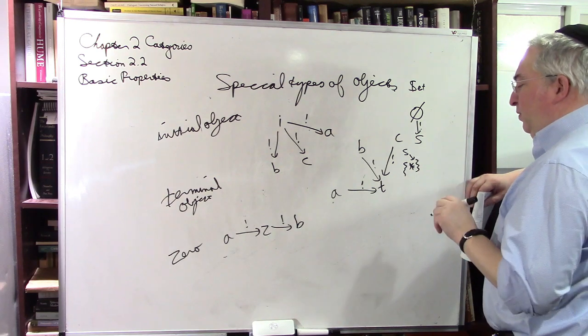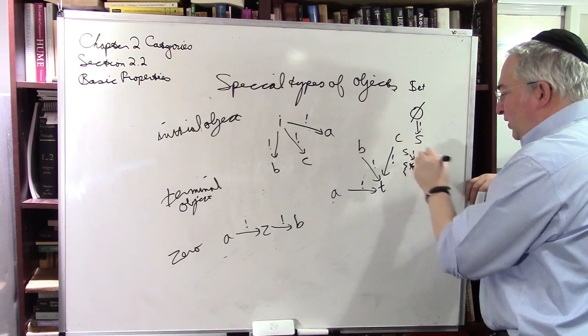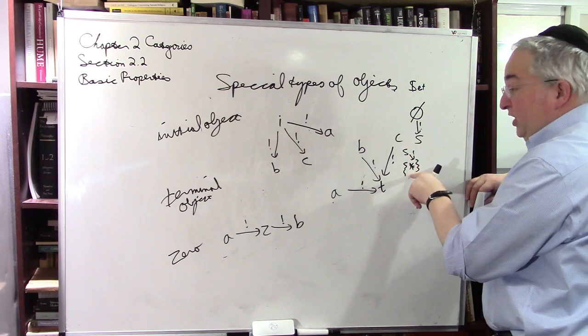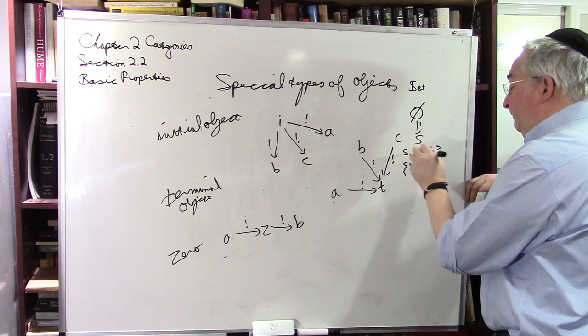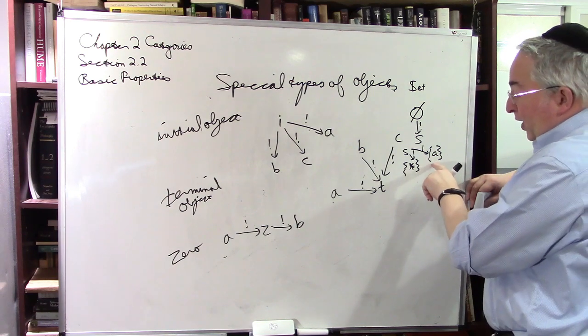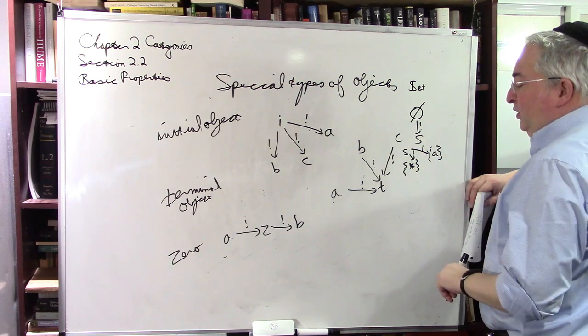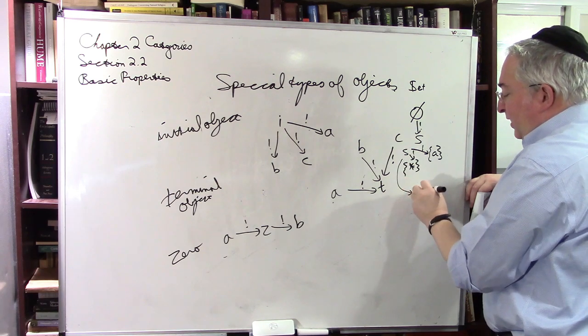But there's something more important here. Not only is this one object set a terminal object, but there's another terminal object too. For any object, there's a unique map like that. And here's another one.